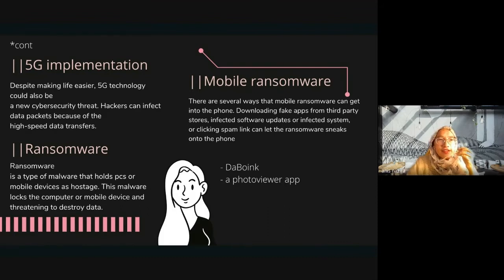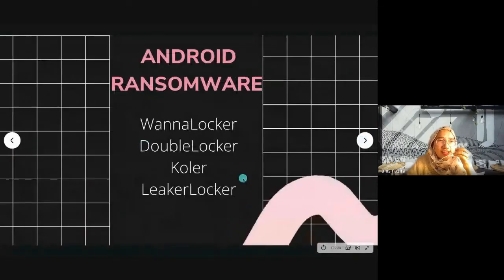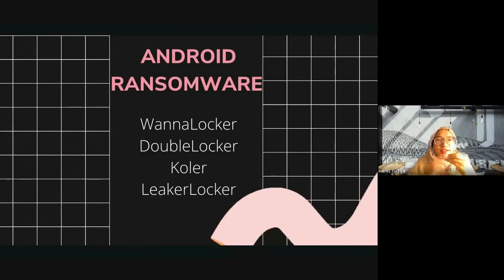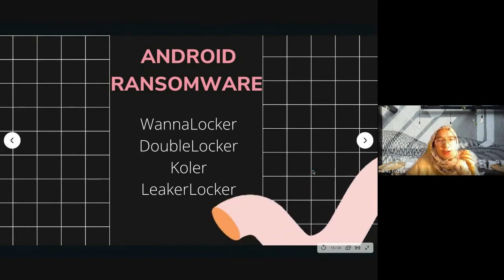And the last one is ransomware. We have mobile ransomware too, and some of the mobile ransomware are WannaLocker, DoubleLocker, LeakerLocker, and CallerLocker. WannaLocker is a WannaCry copycat.